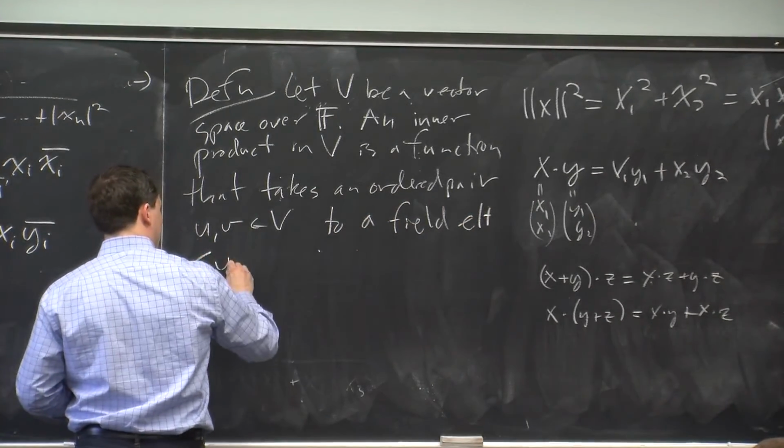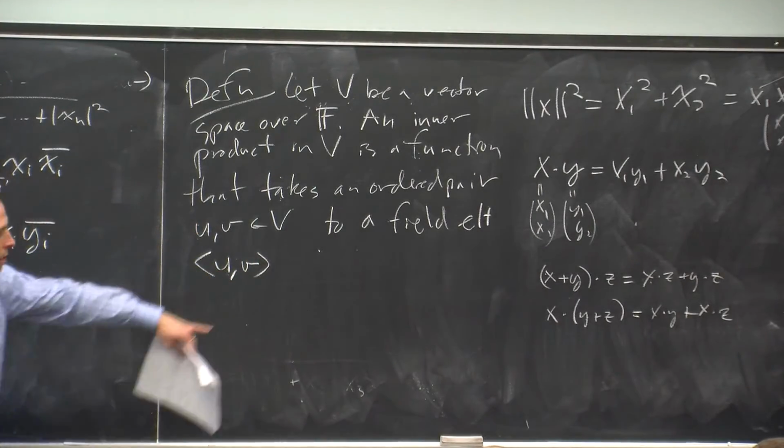And the name of that field element is bracket u, v, the inner product of u and v.